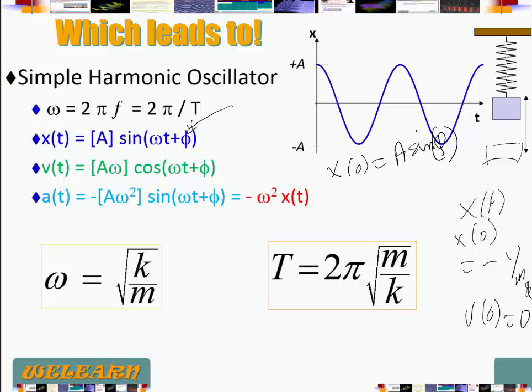If my x of 0 is minus A, minus x max, so it's minus A, in this particular case my sine of phi should be equal to minus 1. This is the way I find phi. So the inverse sine of minus 1 gives me phi.